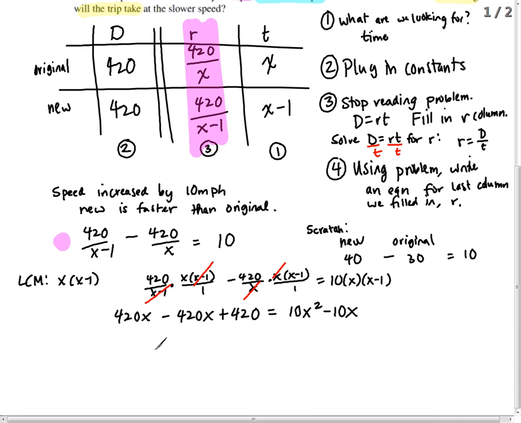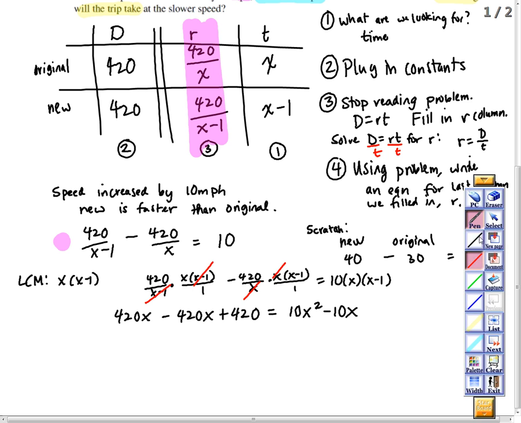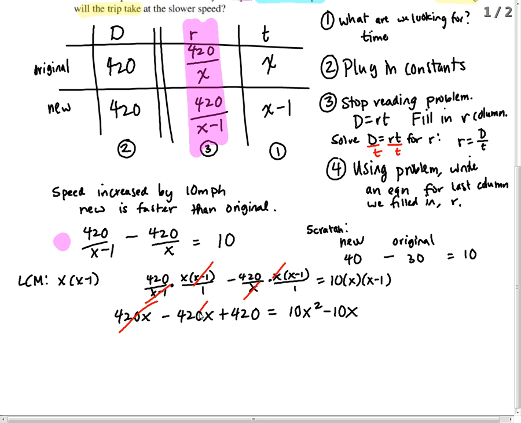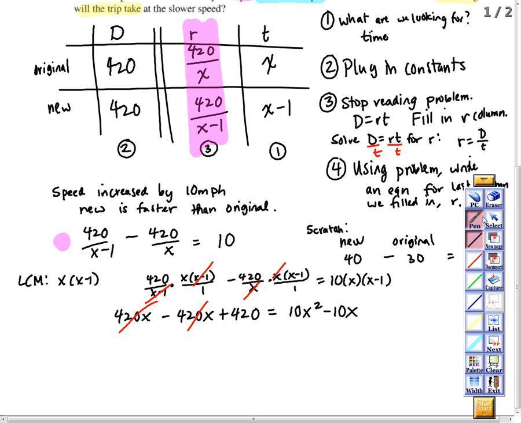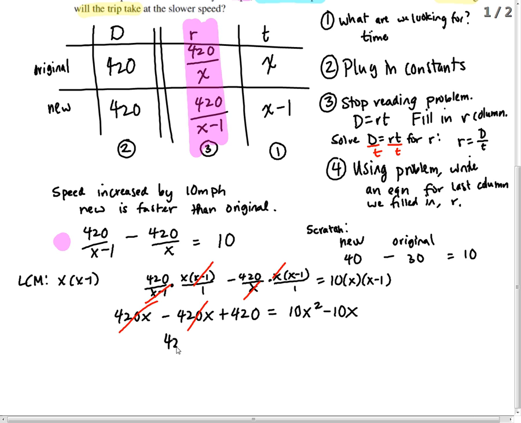If you notice, the 420 x's cancel. I have a positive and a negative. That cancels and that cancels. So I get 420 equals 10x squared minus 10x. I'm going to move everything to one side. So I get 10x squared minus 10x minus 420 equals 0.